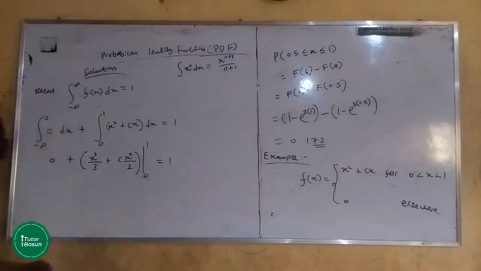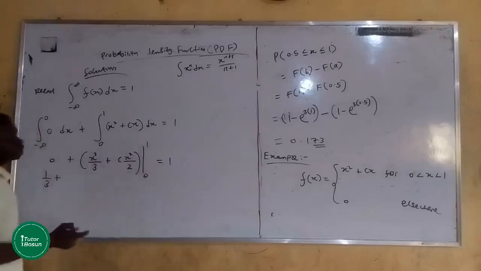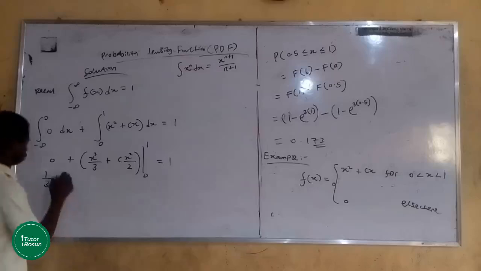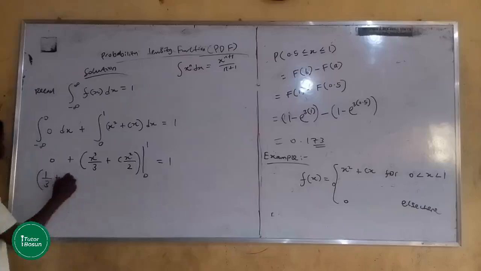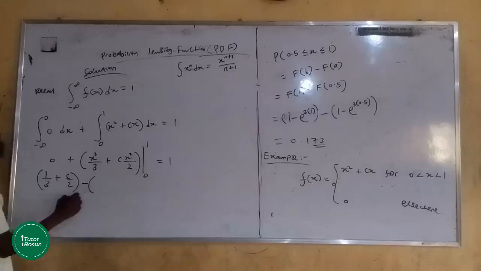So we can now introduce our boundary condition. If you introduce 1 to this, we have 1 raised to power 3, which is 1 over 3, plus if you introduce 1 into this as well, 1 squared, it becomes c over 2, minus 0.